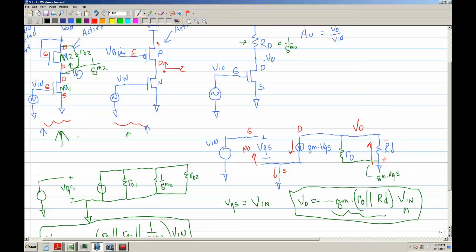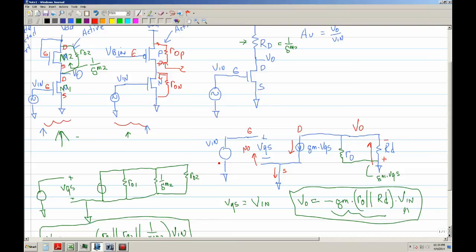Anytime you look into the drain, whether it's the P channel or the N channel, you have to realize that there's a rout associated with that. In this case, it would be rout P. And if you look at the impedance looking into the N channel, there's also a rout N.